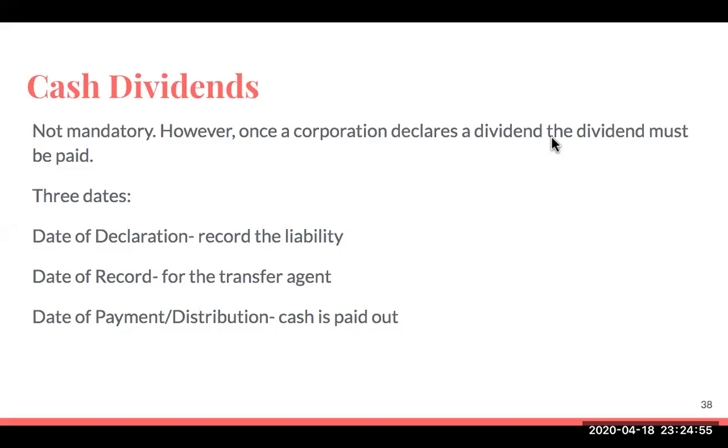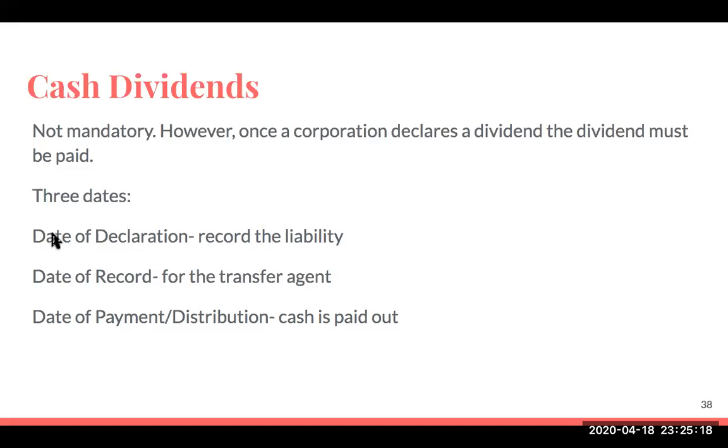From an accounting perspective, before we get involved as accountants, the CFO, CEO, and the board essentially approve the dividend. Once the dividend has been approved, there are 3 different dates. The first date is the date of declaration.